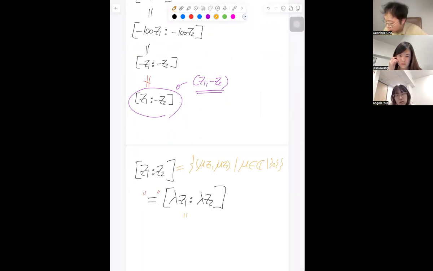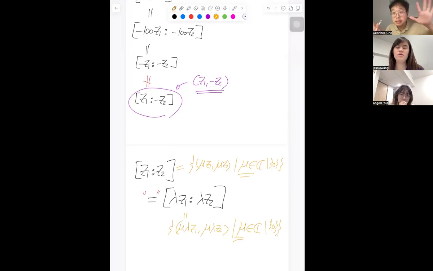So this notation means the collection of mu lambda z1 comma mu lambda z2, where mu is also any non-zero complex value. Can you convince yourself that those two must be the same? Because we multiply by all possible mu values, as a set they must be the same. Are you really with me?